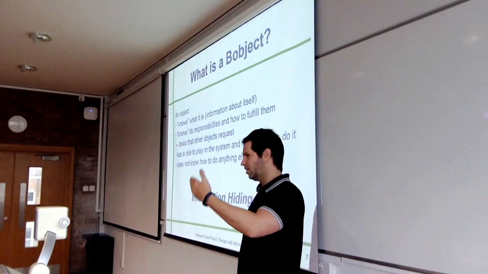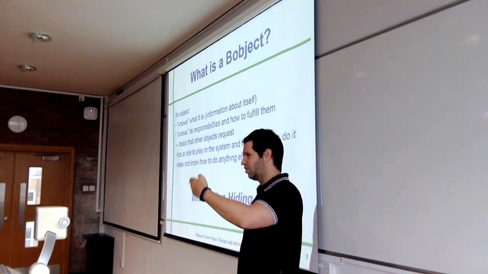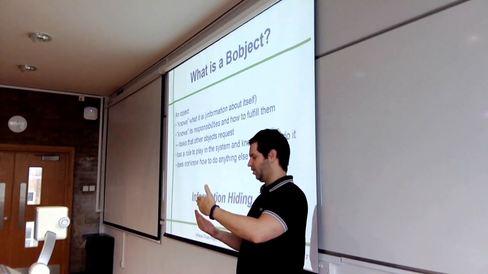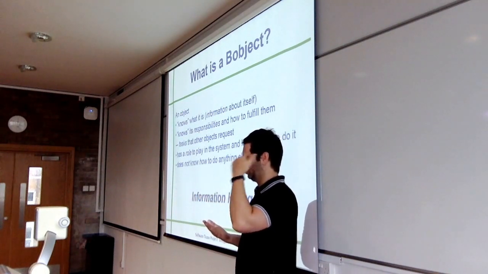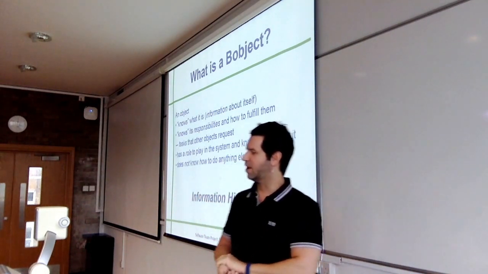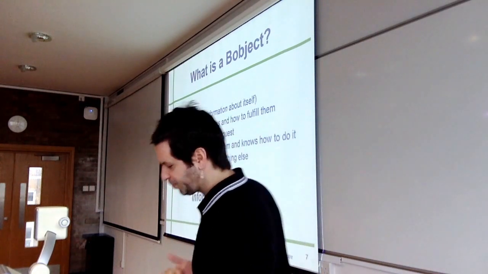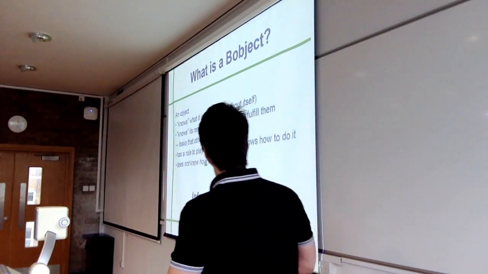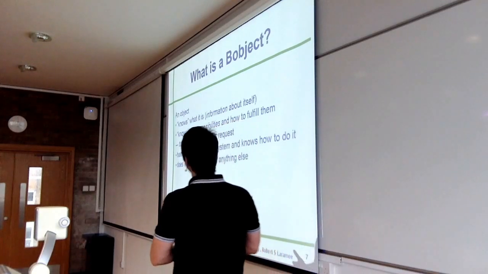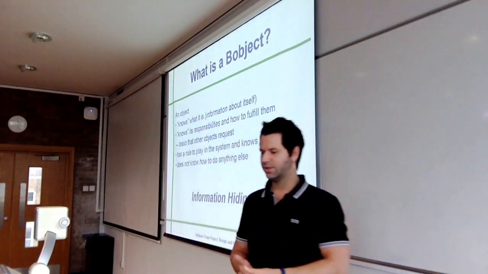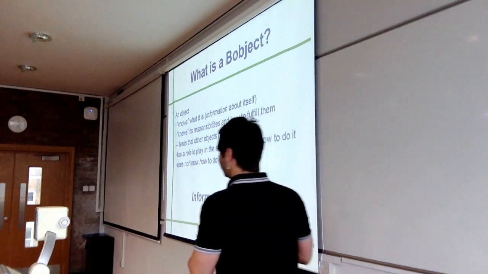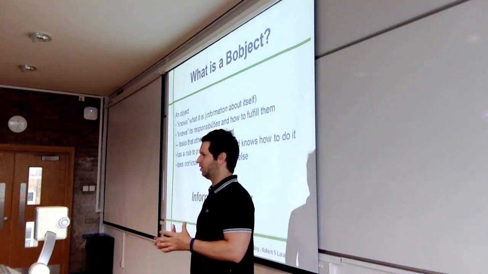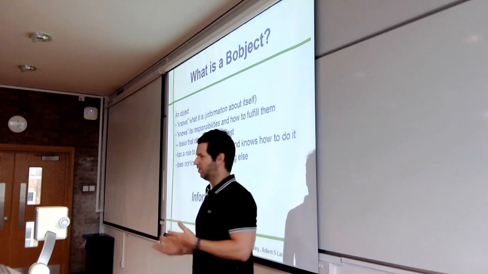They have to make sure that what's written on paper corresponds to the actual person and what's inside their mind. So an object knows what it is, it stores its own data, in other words. It knows its responsibilities, in other words, it has all the methods that it needs to process the data.